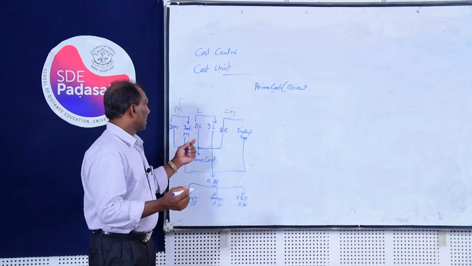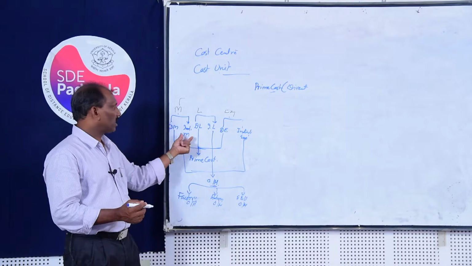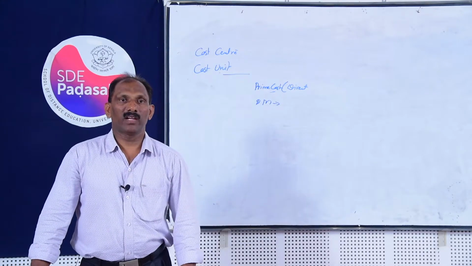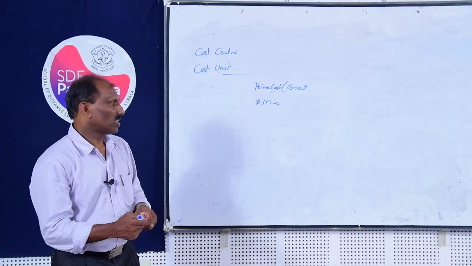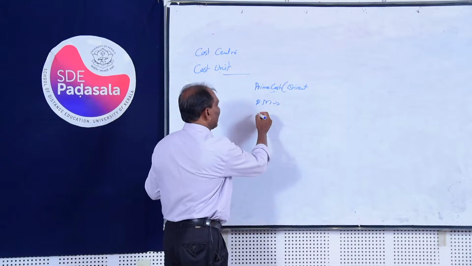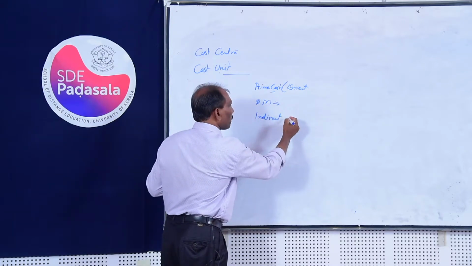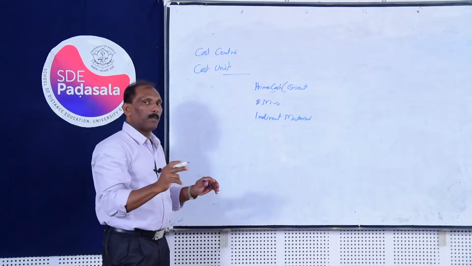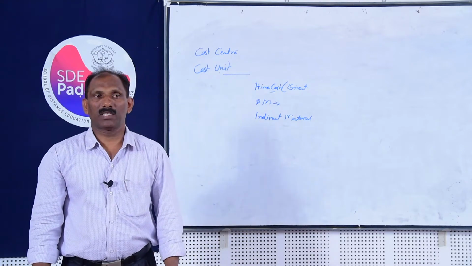Similarly, as I previously told, material may be direct material or indirect material. The material that can be identified and allocated to a cost center or a cost unit is called direct material. The material that cannot be identified and allocated, but will be apportioned among different cost centers or cost units, is called indirect material.